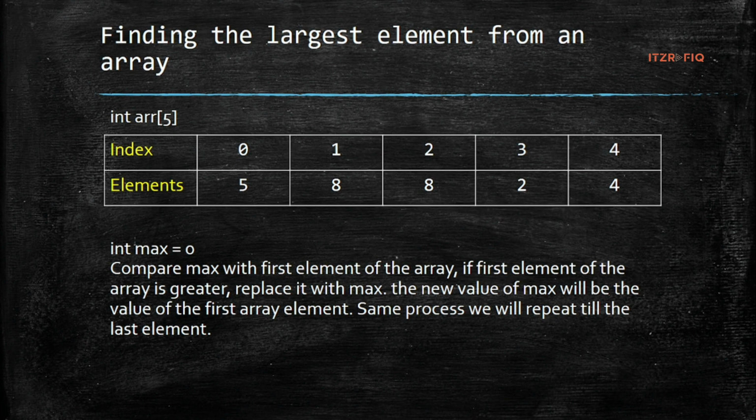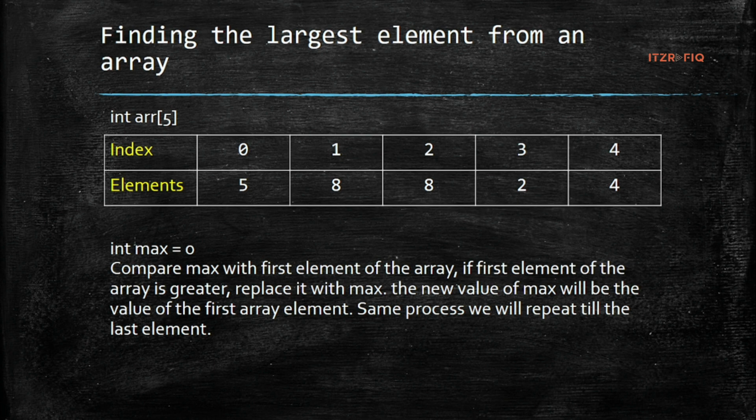Here the first element is 5. So we will compare whether 5 is greater than max or not. If 5 is greater than max, that means 0, then we will replace the value of max with 5, the first element of the array.